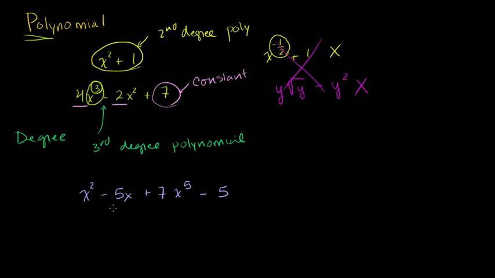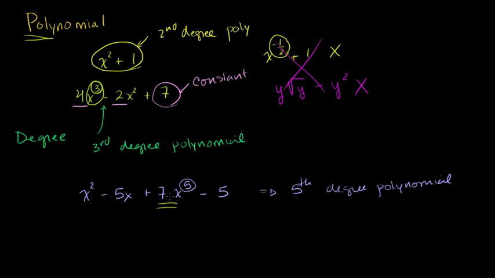So once again, this is a fifth degree polynomial. Why is that? Because the highest exponent on a variable here is the 5 right here. So this tells us that this is a fifth degree polynomial. And you might say, well, why do we even care about that? And at least in my mind, the reason why I care about the degree of a polynomial is because when the numbers get large, the highest degree term is what really dominates all of the other terms.